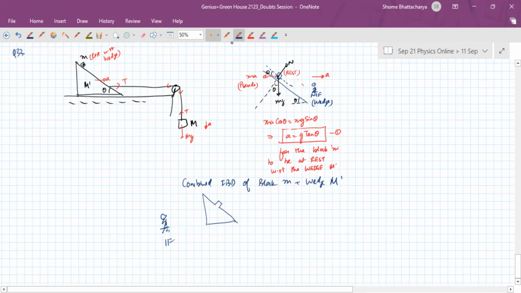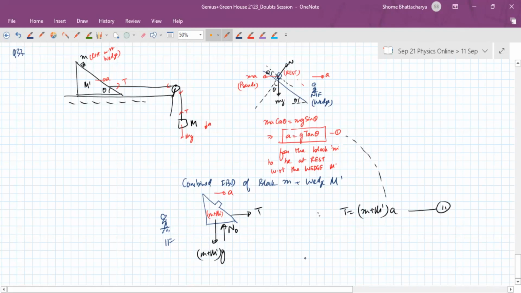So in the inertial frame, this is acting like a combined mass which is accelerating at A. And on that combined mass, the external forces which are acting are tension, combined weight, and normal reaction from the ground, which I'll write as some N naught so that it won't confuse with this N. So you can see that for this, the equation becomes that T is equal to (m plus M prime) A. That's my second equation. And in this, I can substitute the value of A.